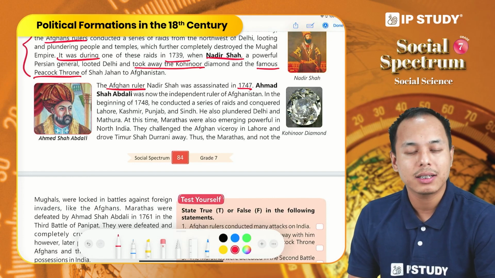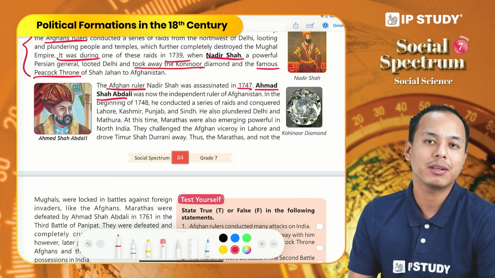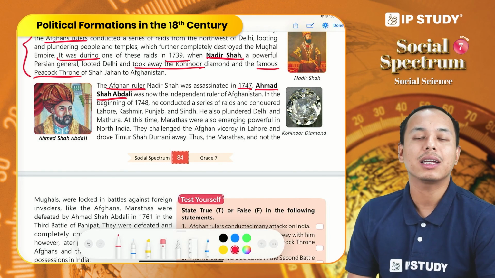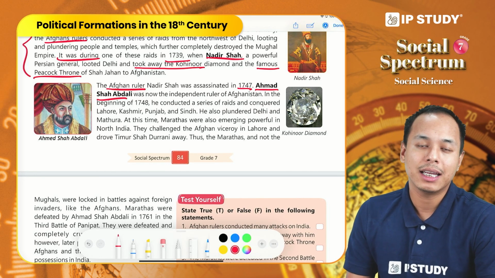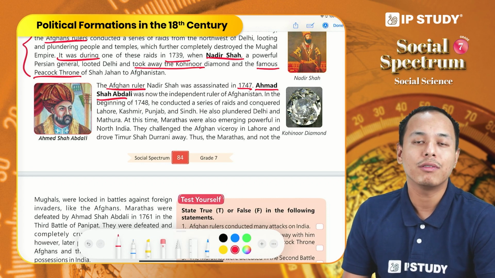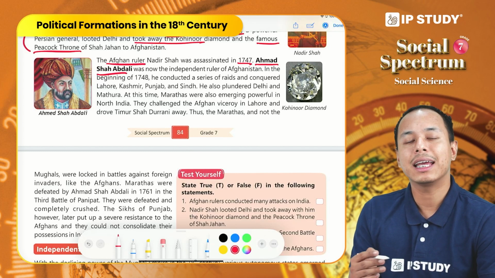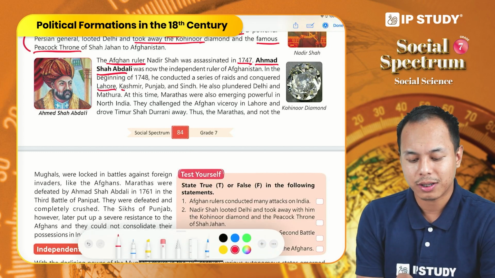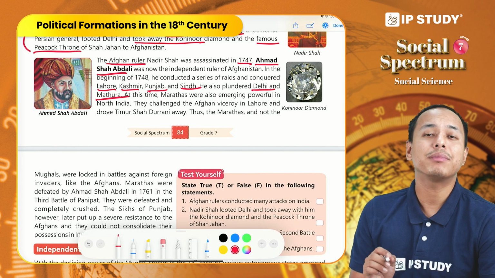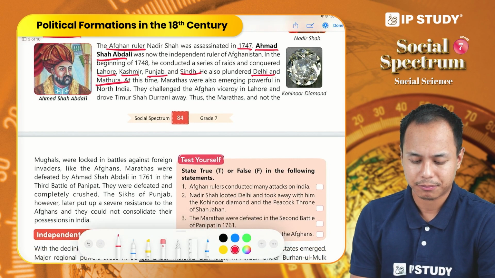After Nadir Shah, Ahmad Shah Abdali became the new independent ruler of Afghanistan. Similar to Nadir Shah, he also invaded India, plundered, and took away a huge amount of wealth. The areas he raided were Lahore, Kashmir, Punjab, Sindh, Delhi, and Mathura.